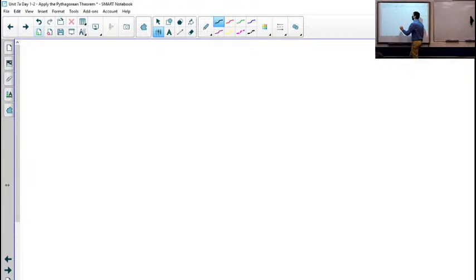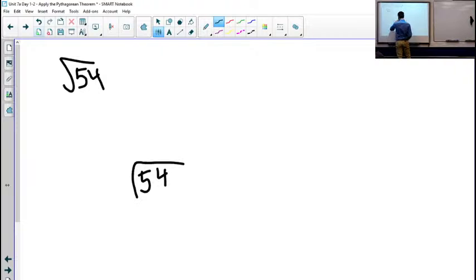As a matter of fact, I'm going to have your homework this week be just practicing a couple of these square roots and making sure that we know how to simplify them, because this is going to keep coming up going forward. It's simplifying these square roots. So instead of 52, let's try 54. I'll give you a minute to build that tower and see what you come up with.